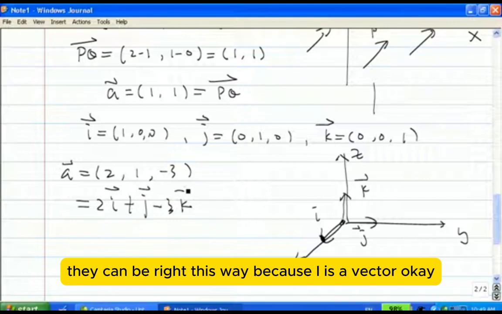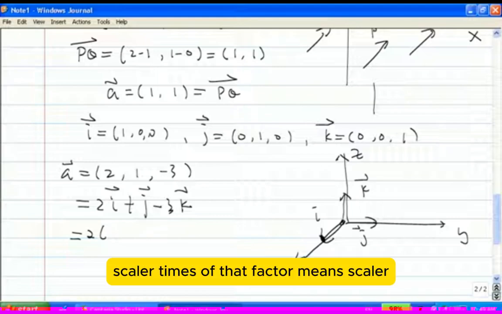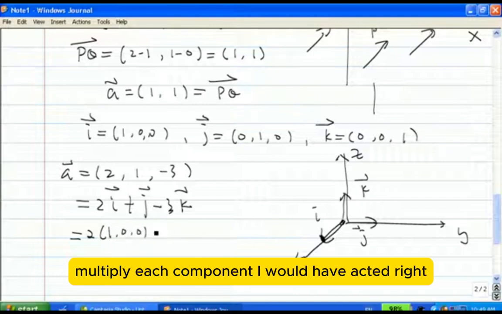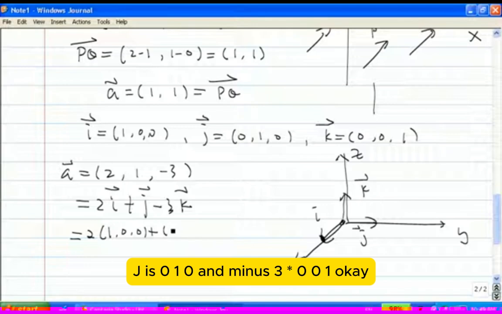They can be written this way because i is a vector, and a scalar times a vector means you multiply each component of the vector by the scalar. j is (0, 1, 0), and k is (0, 0, 1).